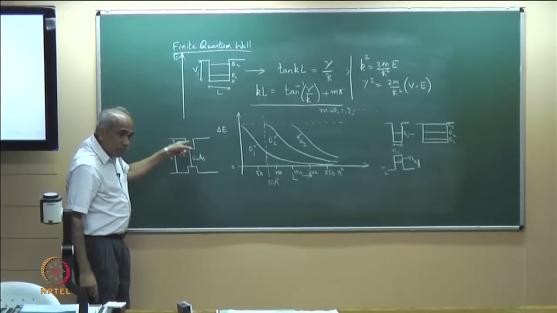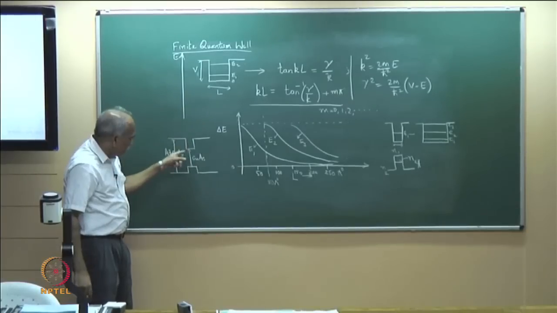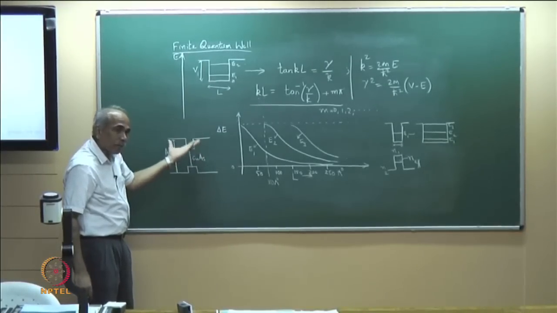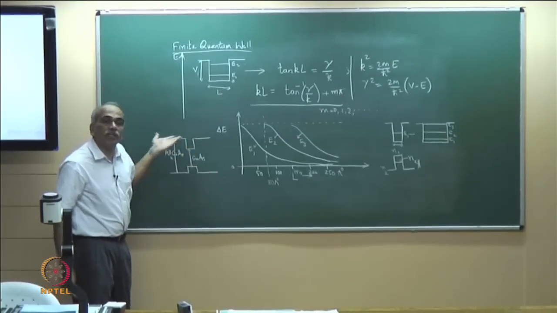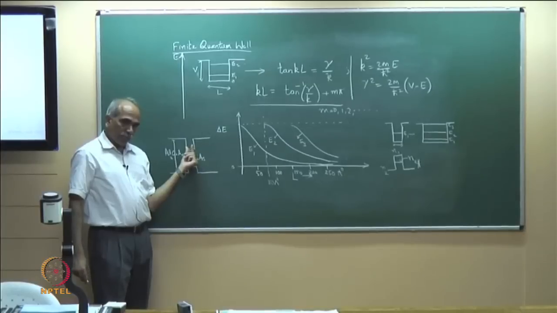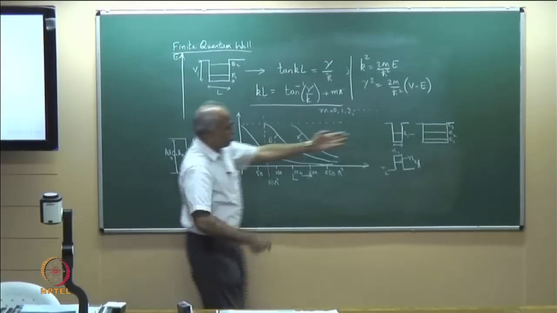So, we are looking at this well, the quantum well, the potential energy well in the energy band diagram of a double heterostructure. When the dimension of the sandwiched layer becomes small, it is a quantum well. So, it is this well that I am drawing here.